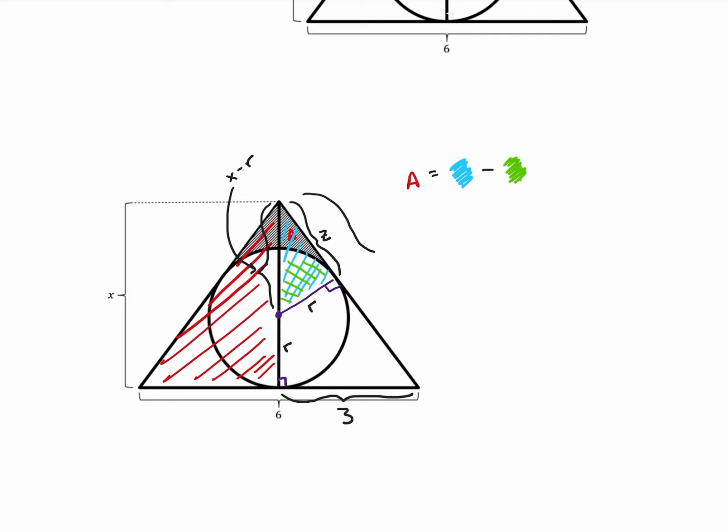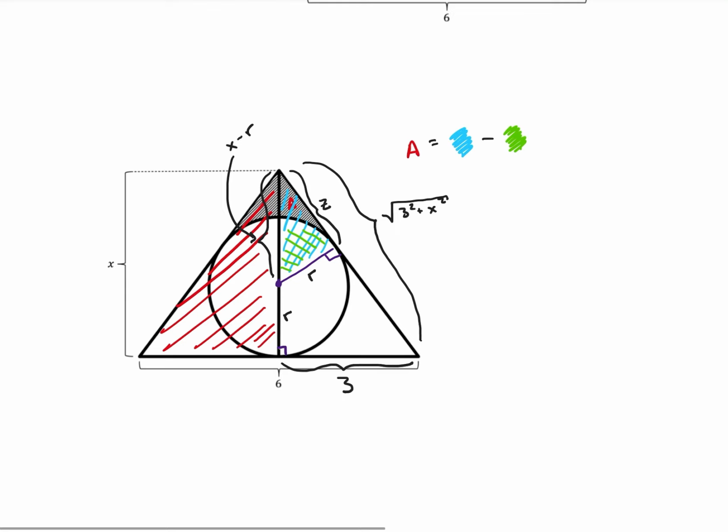And my overall side over here, by the Pythagorean theorem, is going to be the square root of 3 squared plus x squared. All right, so I have a few knowns and a few unknowns. Right now I don't know what z is, I don't know what r is, but hopefully I'm going to be able to find those.